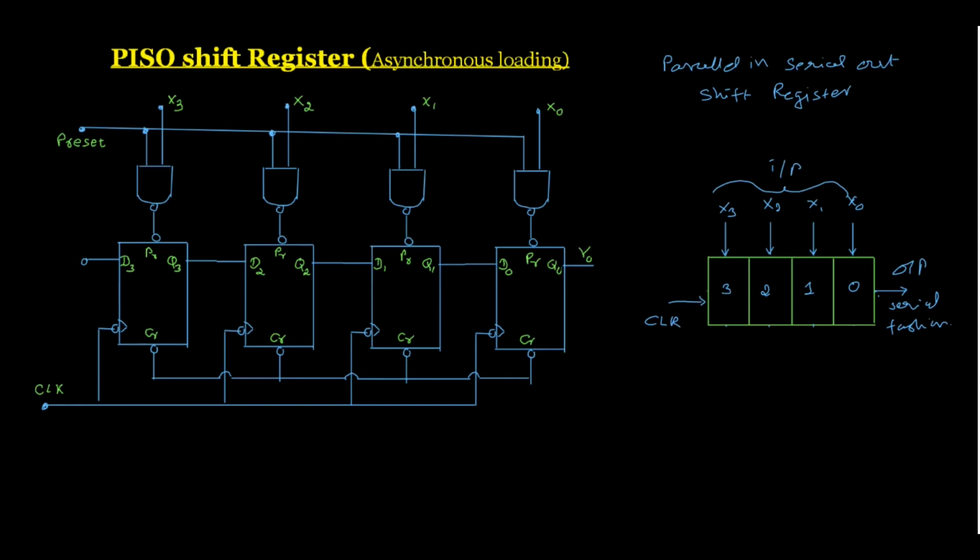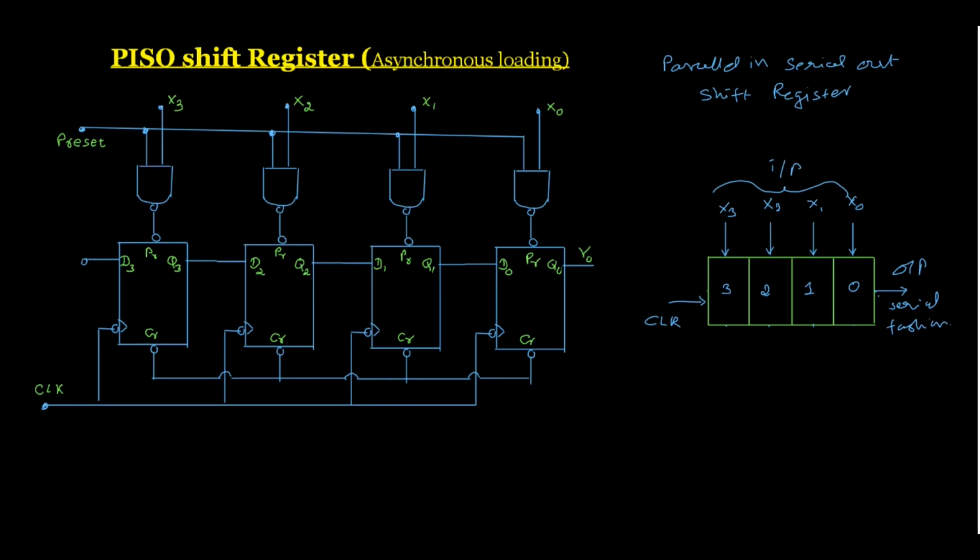Initially, the 4-bit data x0, x1, x2, x3 we can enter into the shift register in 2 different ways. One method is known as asynchronous loading, in which we can load the data without a clock. The other method is when we apply the clock, then all the 4 bits are stored by this shift register. So we have 2 different methods for loading the data into a shift register.